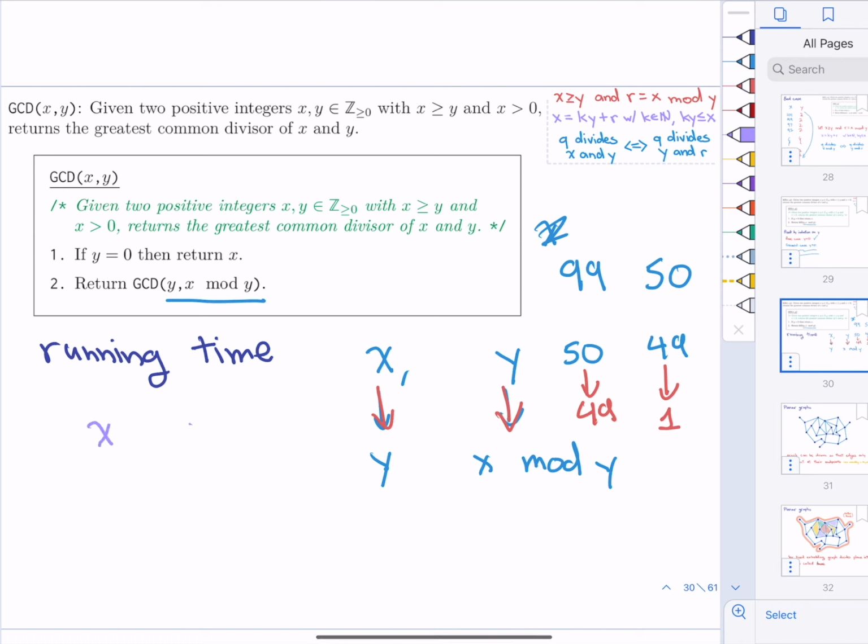Okay, so we go from X and Y to Y and X mod Y. Okay, now if this is less than half of Y, then great. The Y parameter went down by 1/2, so I'm just happy in this iteration. But what if X mod Y is bigger than Y over 2?